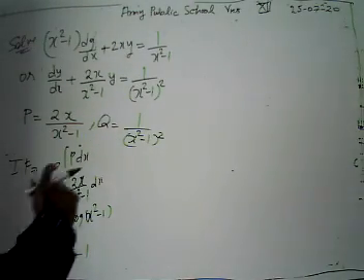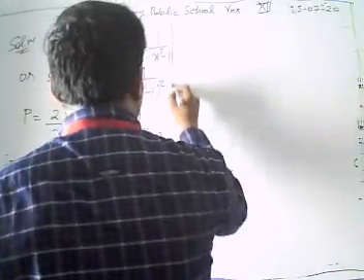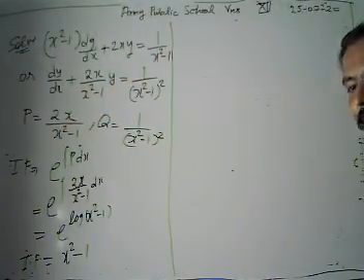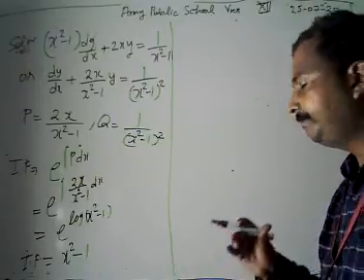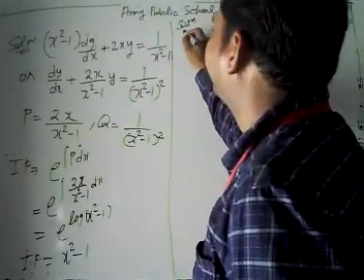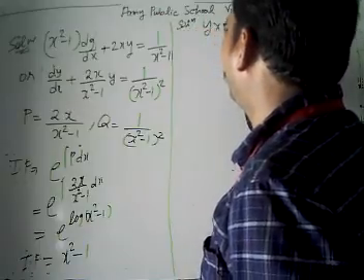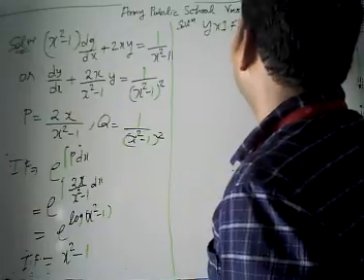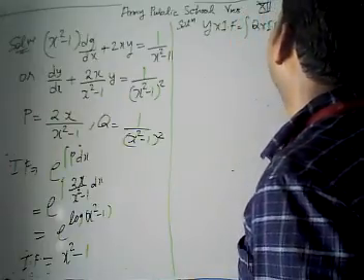Now after getting the IF, what is our last step to solve any linear differential equation? Our solution is given by y into IF is equal to integration of q into IF dx plus c.